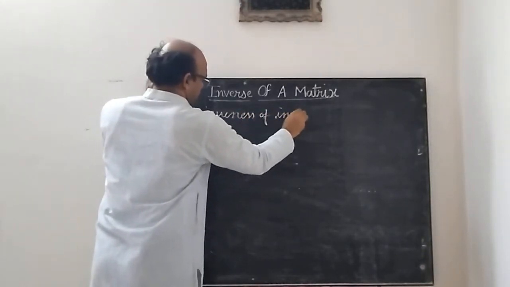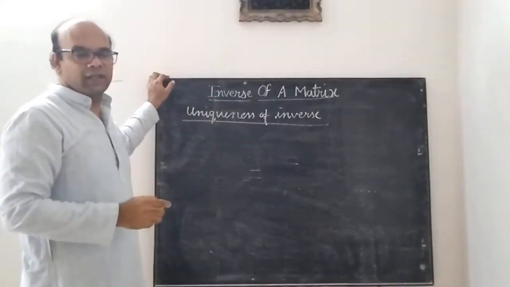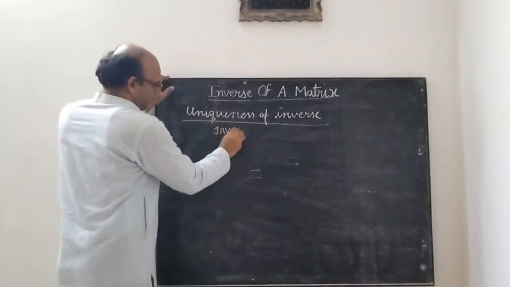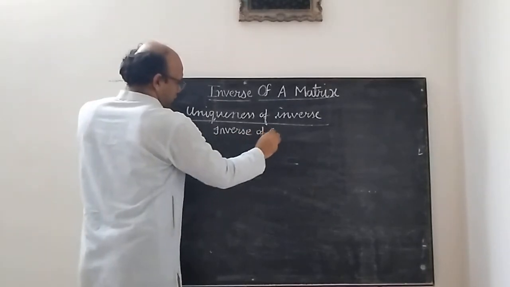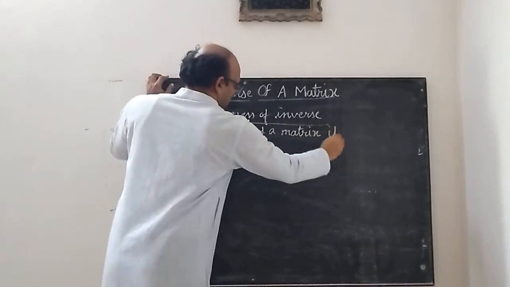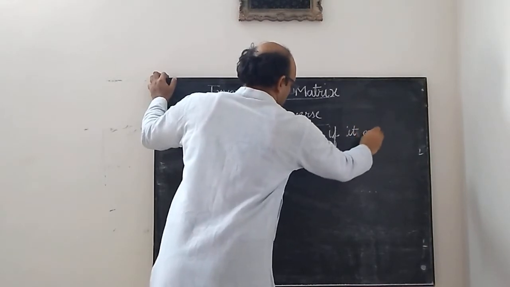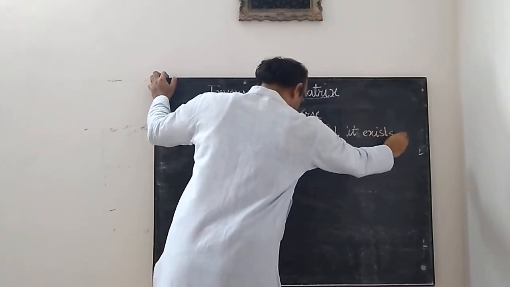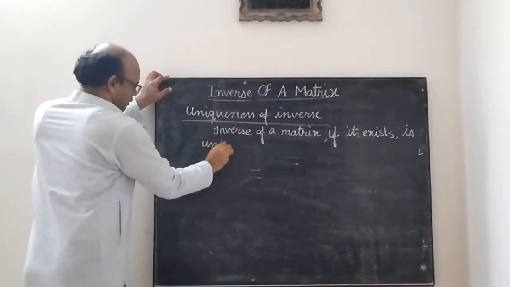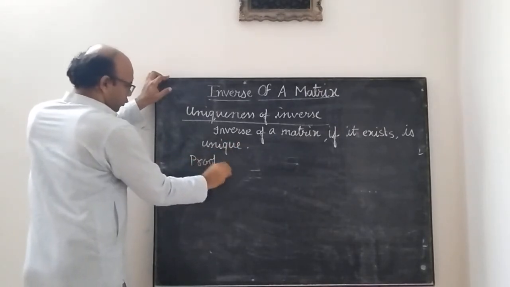Whenever the inverse of a matrix exists, it is always unique. Now this can be easily proved.